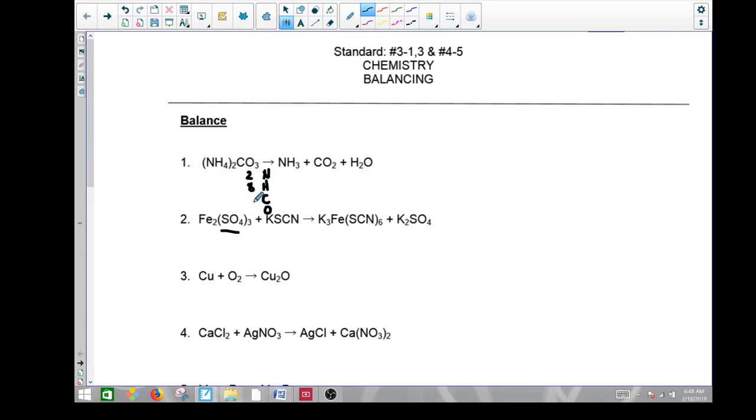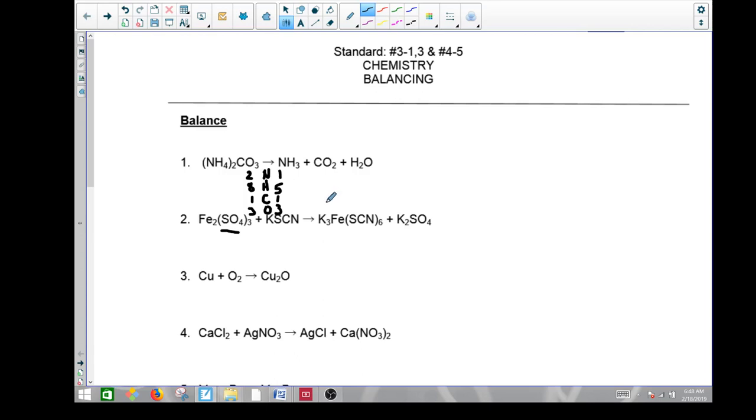I have 1 carbon and 3 oxygens. Over here I have 1 nitrogen. I have 3 hydrogens right here, but 2 more over there, so that's 5. And I have 1 carbon and 3 oxygens. That's my inventory. Got to be careful on that.